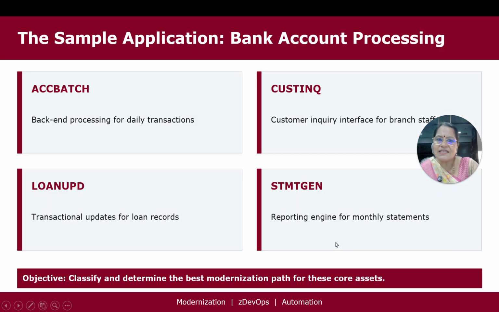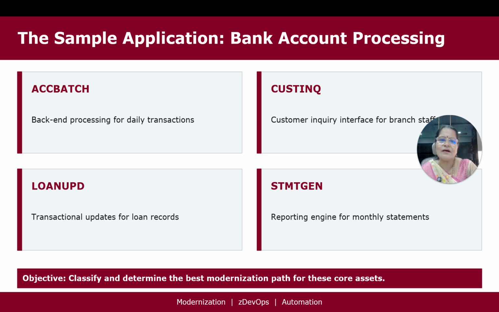Now let's say we have a banking application. I'm categorizing it into 4 types of category. There are purely the batch workloads, which are daily transaction based. There are a few things related to your customer interfaces. And there is something called online reporting or maybe batch reporting kind of programs.